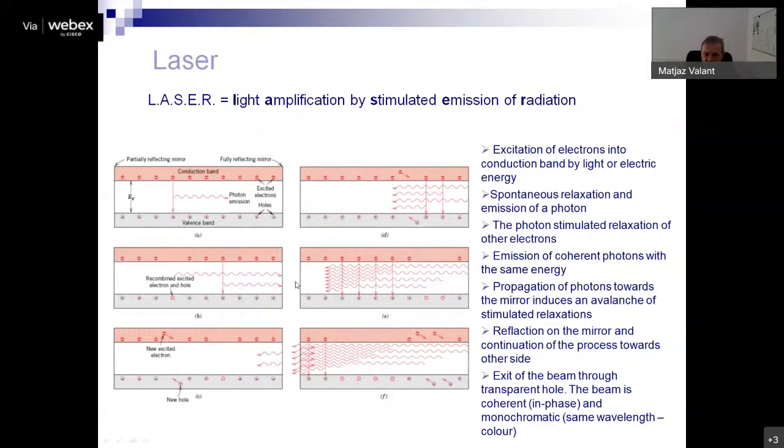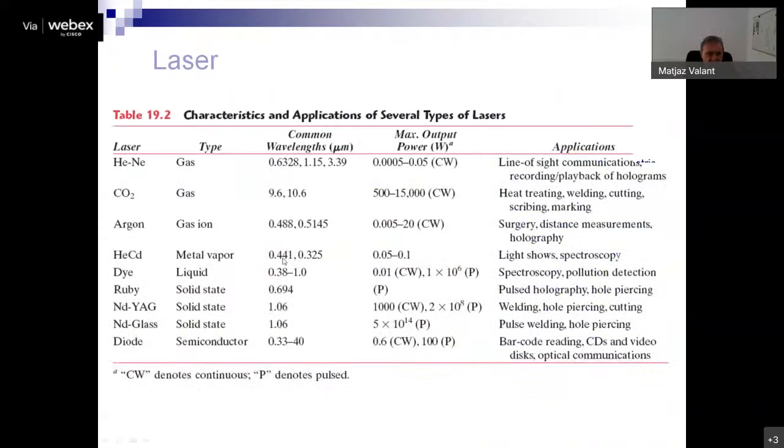The laser light, for that reason, is monochromatic, because all these wavelengths correspond to the band gap in the crystal, and due to the nature of the stimulated emission, they would also be in phase. As you see, for different wavelengths, we are using different materials.